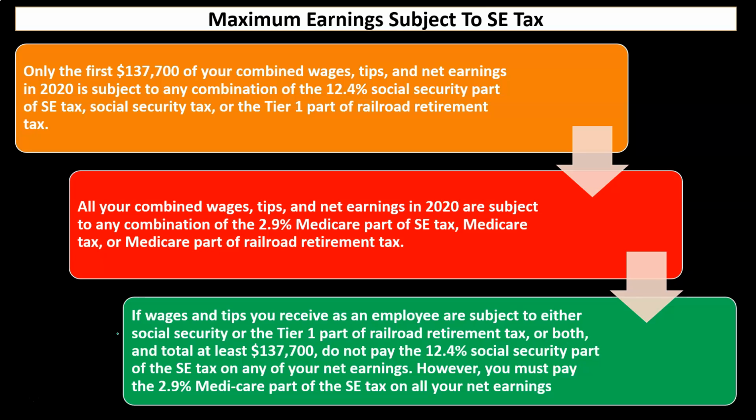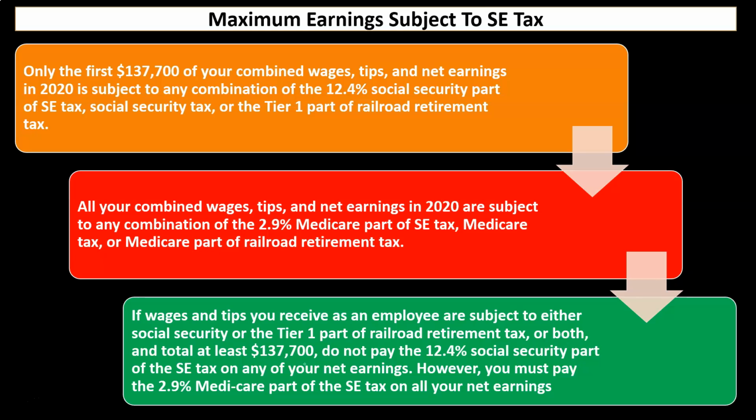So in other words, if you had other W-2 wages, for example, that were over the threshold of $137,700, then you would have paid all of your Social Security within the W-2 work, and you don't have to be paying the 12.4% self-employment part on your sole proprietor business, which would be beneficial.